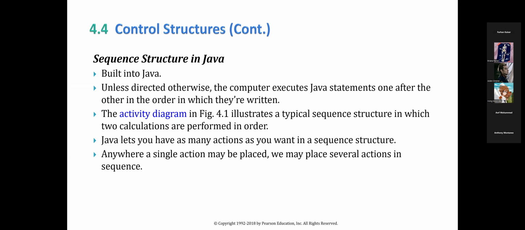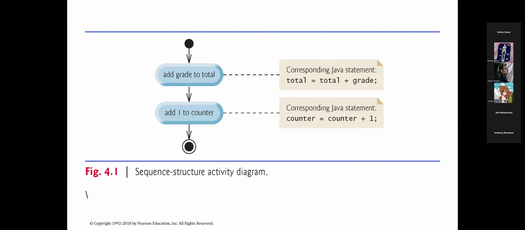The sequence structure is built into Java. Unless directed otherwise, the computer executes Java statements one after the other in the order in which they are written. The activity diagram in figure 4.1 illustrates a typical sequence structure. Let's see what that is. Here, we start from the bullet, and then we add grade to total.